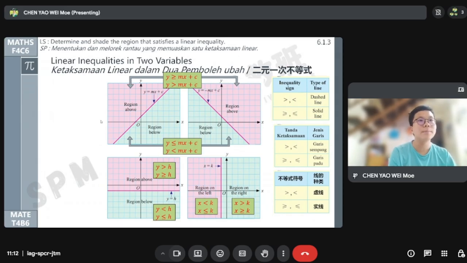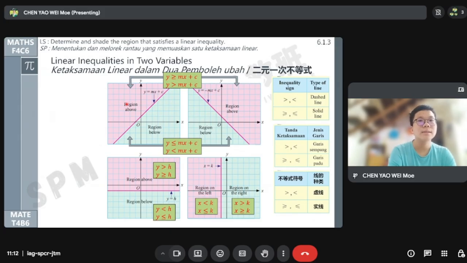If you want to represent the inequalities for the region here, we use y equals mx plus c. Whether it's here or here, this line we call y equals mx plus c. But we want to represent the region above. Here we say that y is larger than or equal to mx plus c, or I can say y is larger than mx plus c.